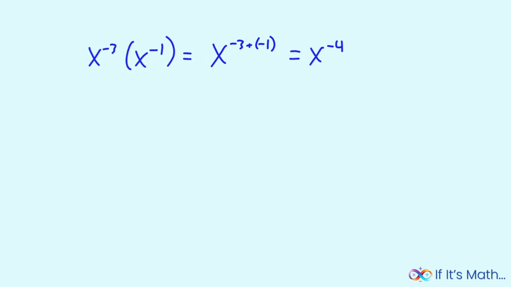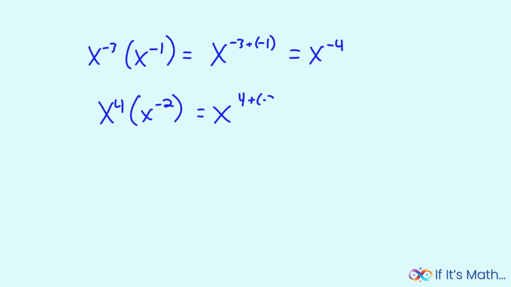It also applies if you have a mix of positive and negative exponents. So if you have x to the fourth times x to the negative 2, that's going to be x to the 4 plus negative 2, which is x to the 4 minus 2, which just gives you x squared.